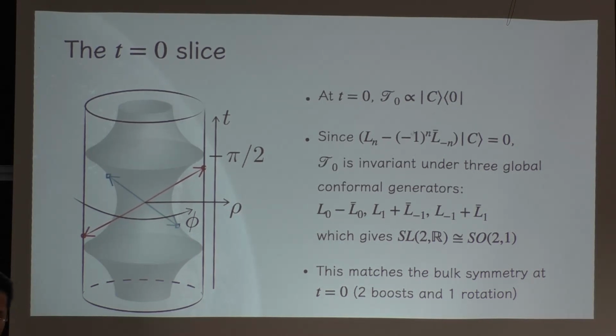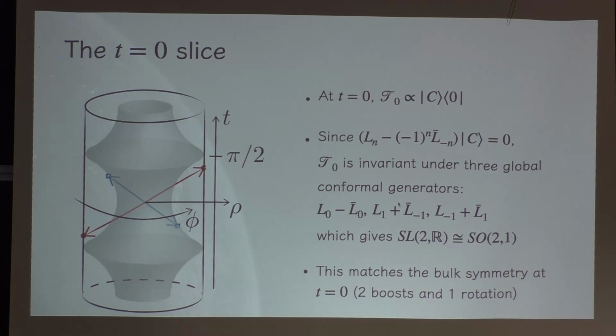As we have already mentioned, this crosscap state satisfies this kind of constraint. So in terms of global conformal symmetry, the transition matrix at t equal to 0 is invariant under these three global conformal generators. Because the ground state trivially satisfies all the conformal symmetry, and the crosscap state satisfies three of them, the combination also satisfies the three of them.